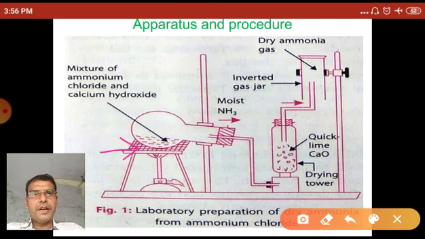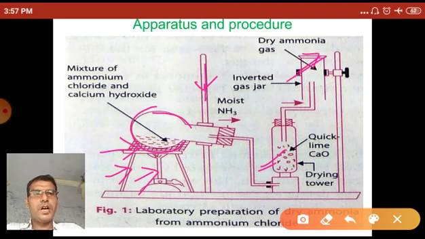This one is a wire gauze, this one is a tripod stand, this one is a burner, and this one is a round bottomed flask, and this one is the stand on which the round bottom flask is arranged, and this one is a drying tower, and this one is an inverted gas jar.